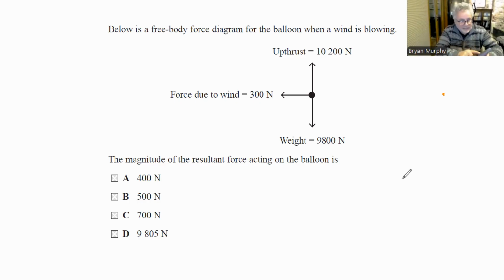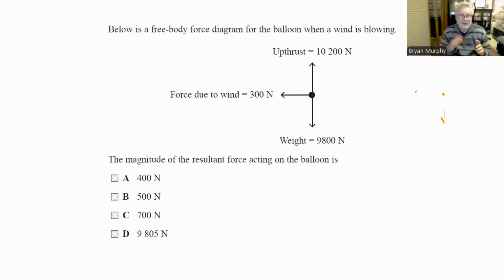Just thinking of the vertical component, the downwards force is 400 newtons. I could have done that in my head, but I would have got it wrong and that would have been embarrassing. Now, the wind is the horizontal force.